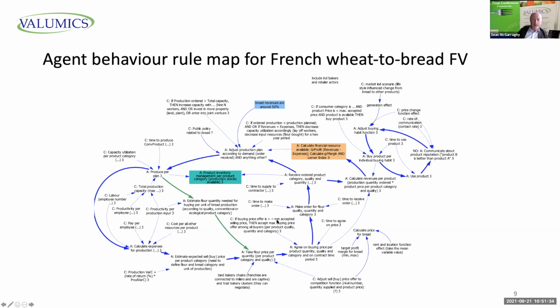So this is the kind of thing that our agents, and we have specific, particularly modeled aspects of agents that are relevant to fair food value chains, will be checking. Are these conditions satisfied? And if they are, then they agree on a buying price per product quantity, quality, and category, and on the time of a contract. So all of these things are built into our model underneath the hood or the bonnet.